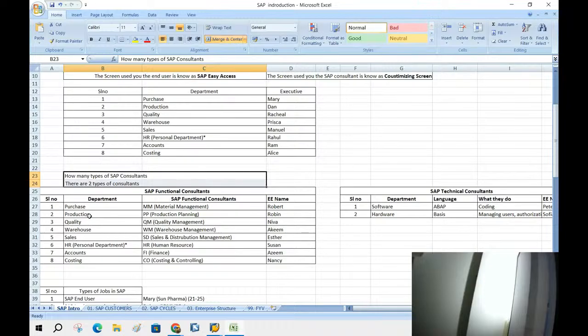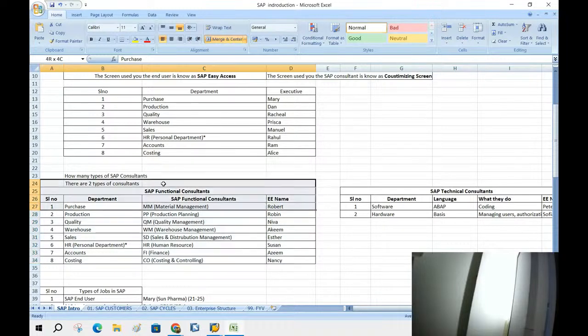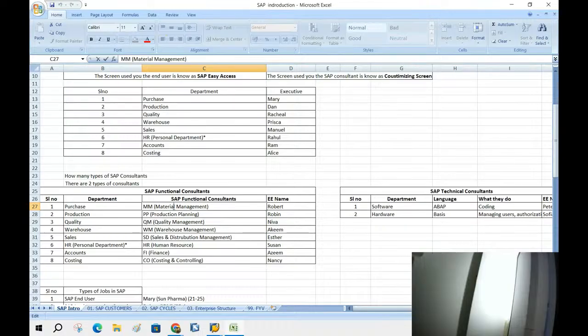Any department in a company will be a functional module in the software. Purchase is a department, so whoever is working in the purchase department has a respective functional consultant called the material management or MM consultant. Production is production planning. Sales and distribution is another consultant. Human resource, finance, costing is the FICO consultant. So all these people are called functional consultants.